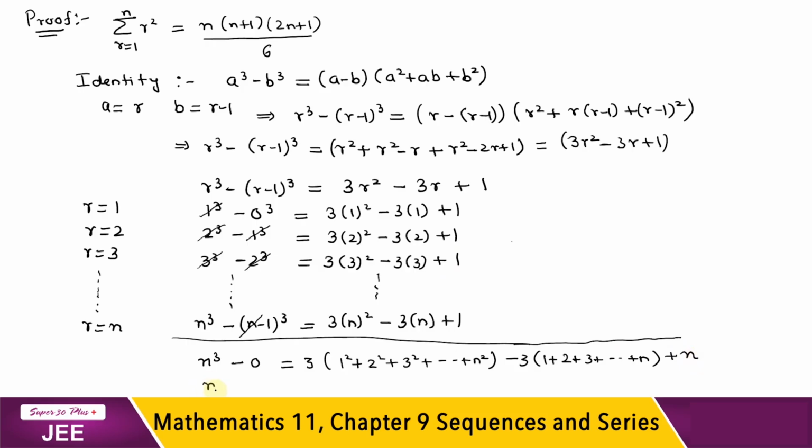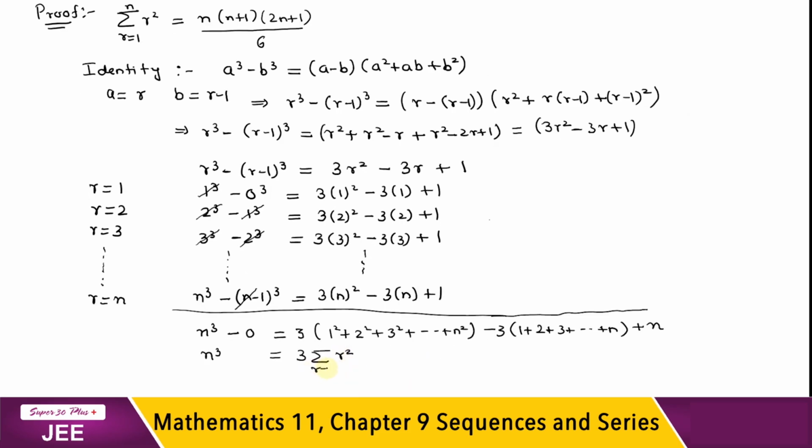So we have n cube equals 3 into, now this becomes what? This becomes sigma r square, where r lies from 1 to n, minus 3 times, this is the sum of first n natural numbers. The sum of first n natural numbers is already known to us. This is n into (n plus 1) divided by 2, plus n.